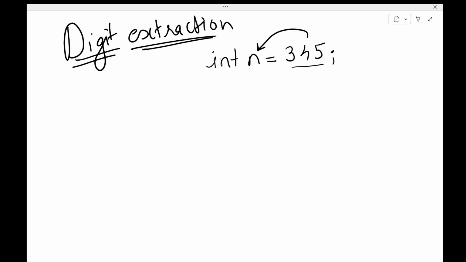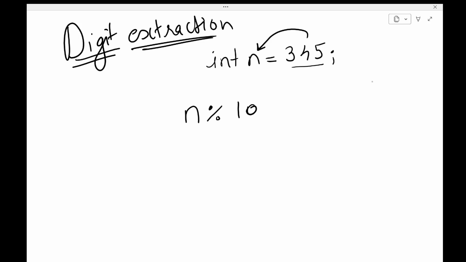If I want these digits to be extracted, I'm not saying removing, I'm using the word extraction. Extraction means just taking a copy out. I can do that by writing n modulus 10.